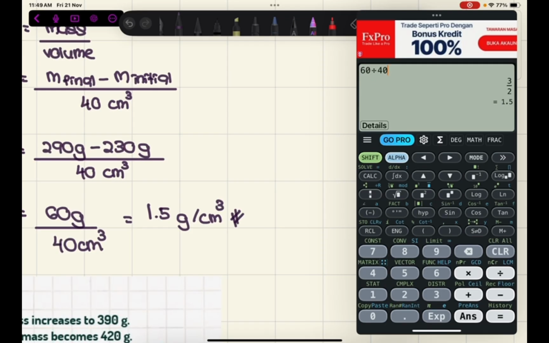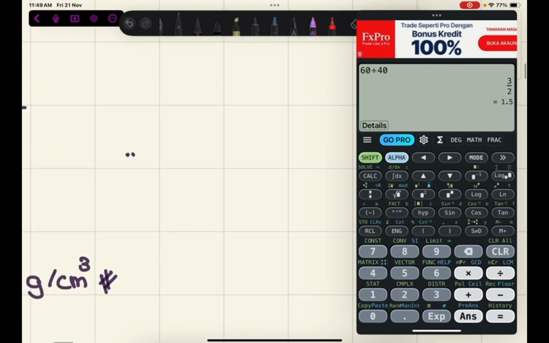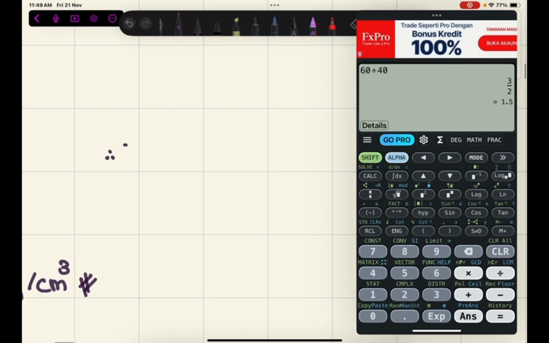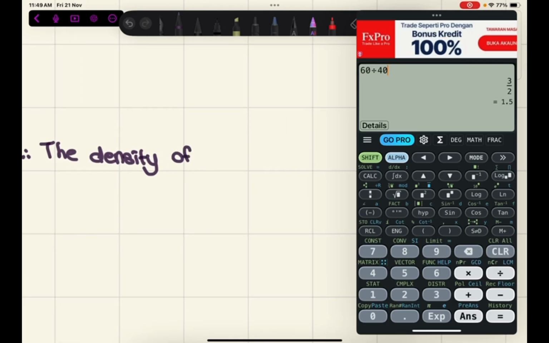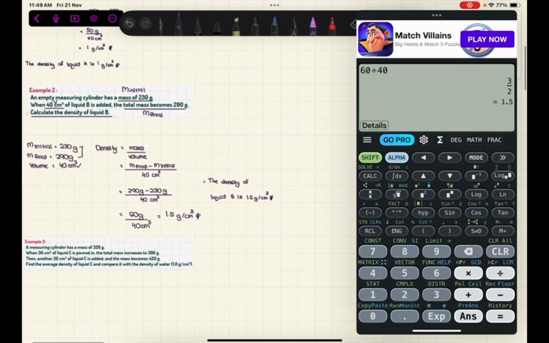So this is the final answer, 1.5 gram per centimeter cube. So rewrite it again. The density of liquid B is 1.5 gram per centimeter cube. So this is the final answer.